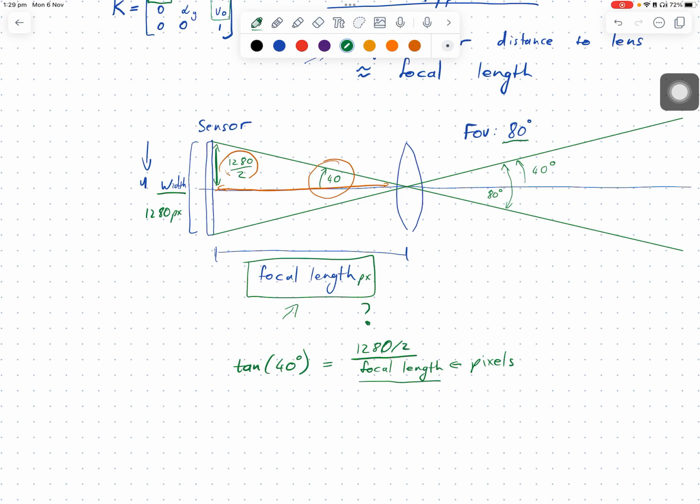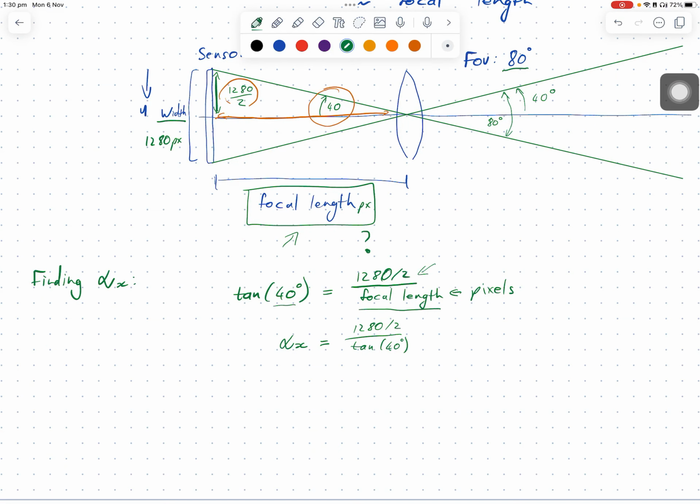And so that's why we've got two separate calculations here. We're doing the X calculation now, so we are finding alpha X. We do that by taking the field of view for X divided by 2, the number of pixels in the X direction divided by 2, and then we'll have the focal length as the denominator in that fraction. Rearranging, we get alpha X equals 1280 divided by 2 on tan 40 degrees.